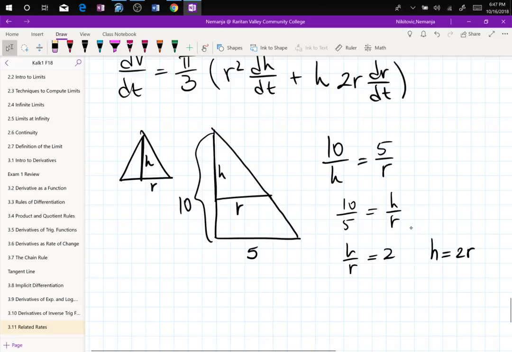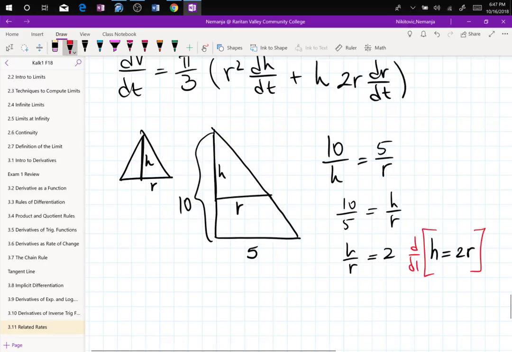So now I have a relationship between the height and the radius, and what I can do is hit that with a time derivative and obtain dh/dt is equal to 2 dr/dt, and that is going to simplify our formula up there, because you get to plug in and eliminate h, or you can eliminate r, depending on what you need.